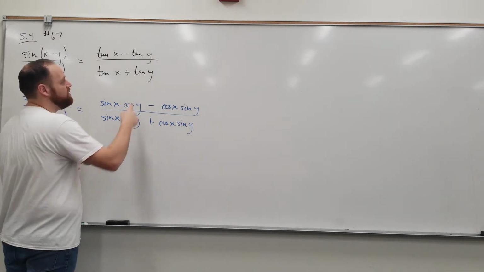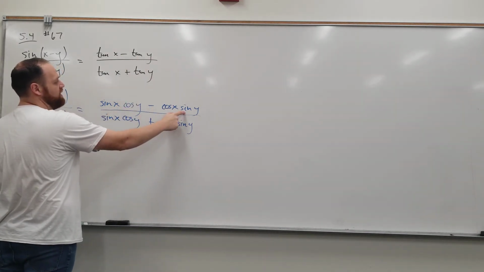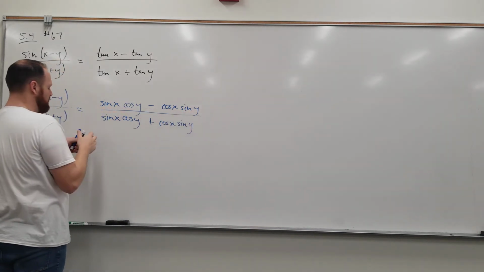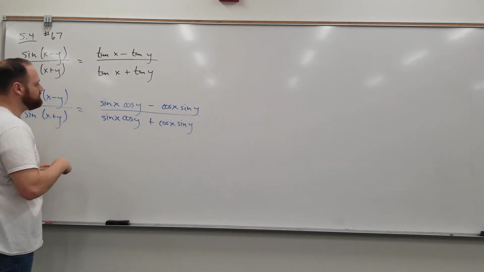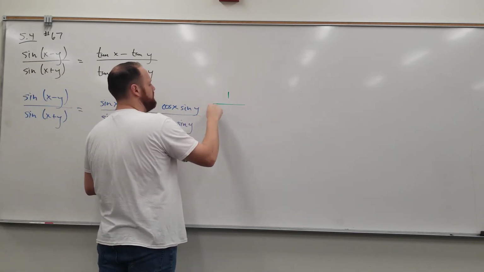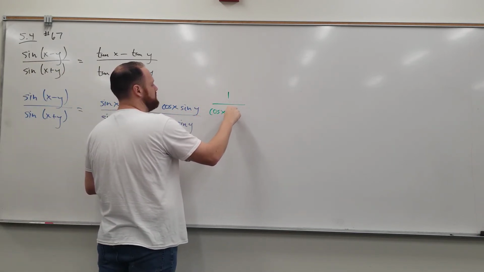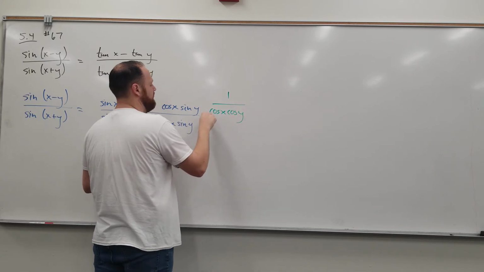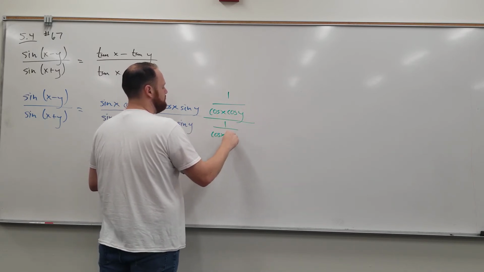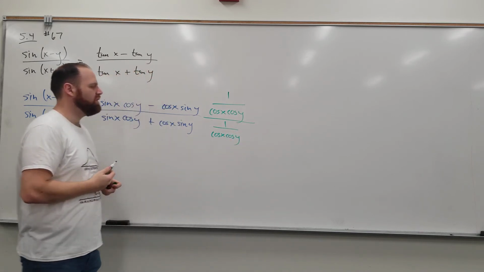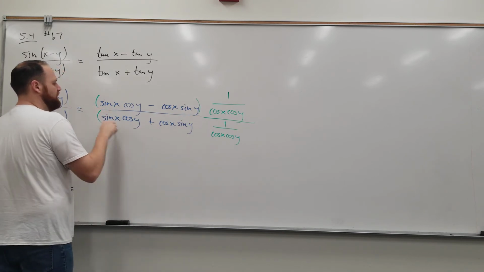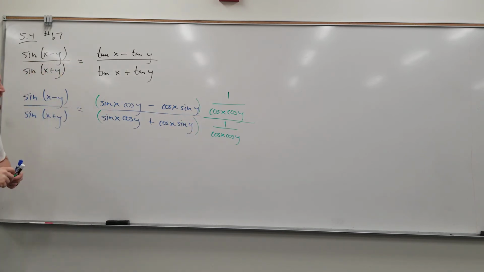And by the same token, if I'm trying to get tangent y over here, I need to have a cosine y in the denominator. So here's what I think I'm going to do. I think I'm going to multiply by 1 over cosine x cosine y, because I think that's going to get me what I want, right?